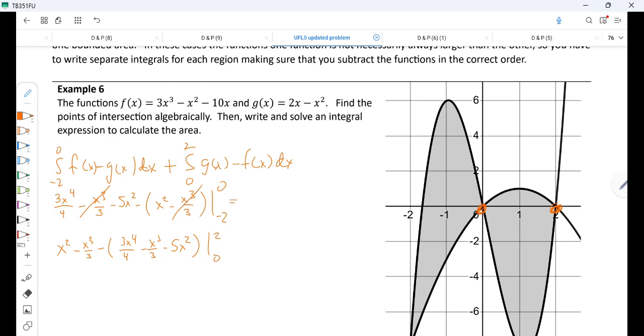A lot of repeat calculations in this one. So we end up with, yep.